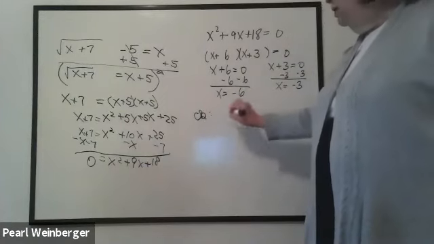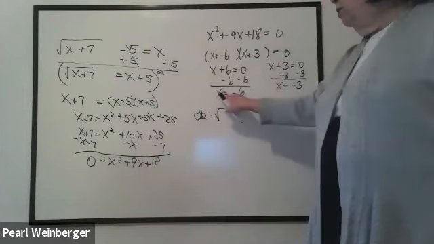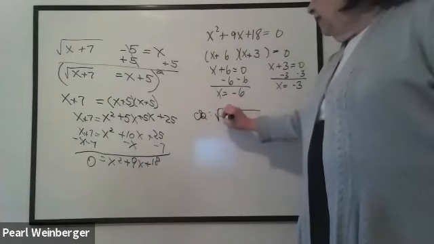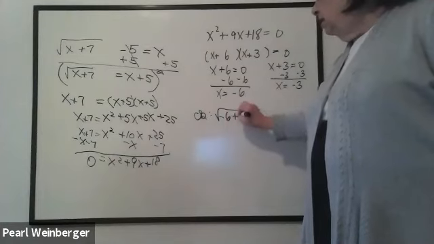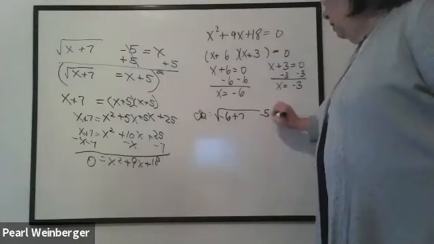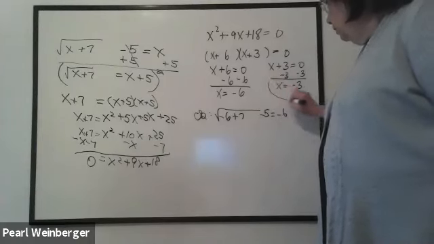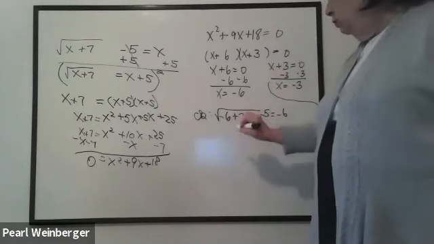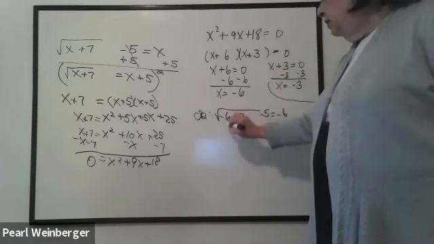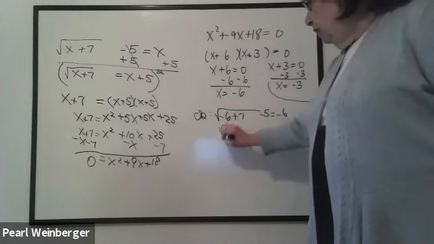Okay, which means I go to my original equation. Checking with negative 6 gives me the square root of negative 6 plus 7 minus 5 equals negative 6. Well, negative 6 plus 7 is 1, and the square root of 1 is just 1.